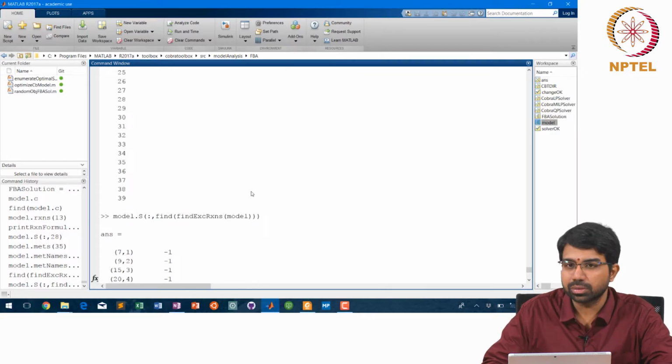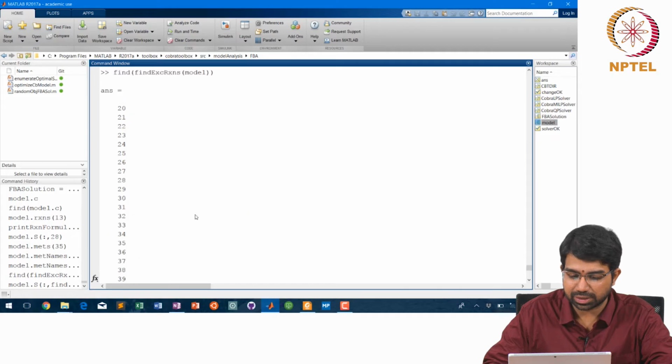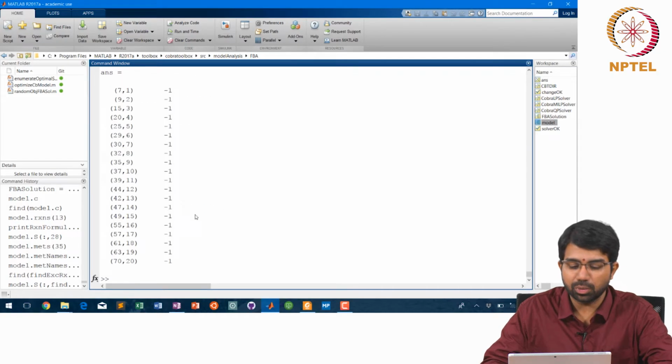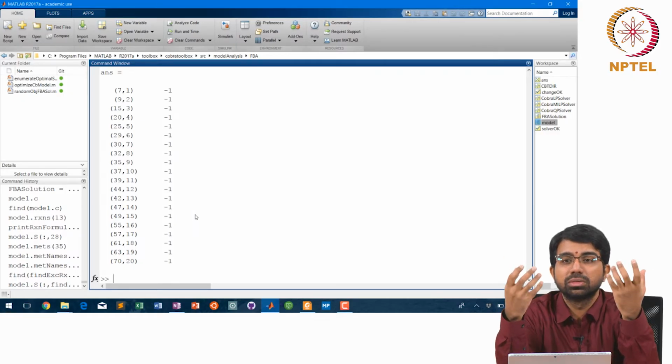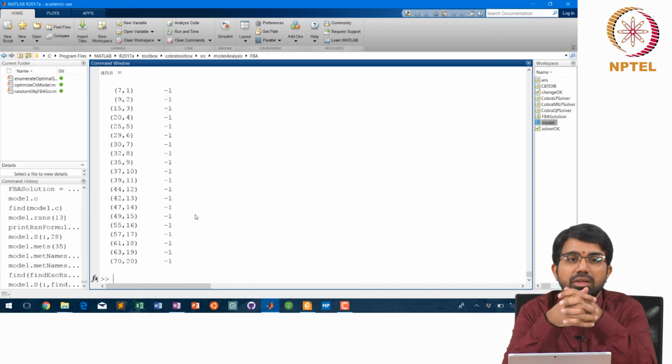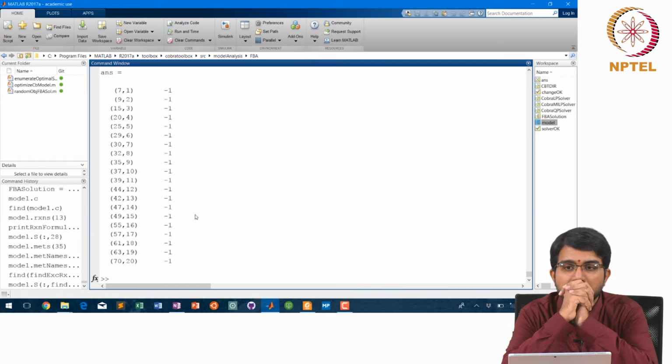So we studied a few concepts here. We looked at find exchange reactions and we also looked at print reaction formula. Let's say you want to change the growth substrate now. How do you change it? Suppose I want to see how E. coli grows on acetate. I want to substitute glucose with acetate.